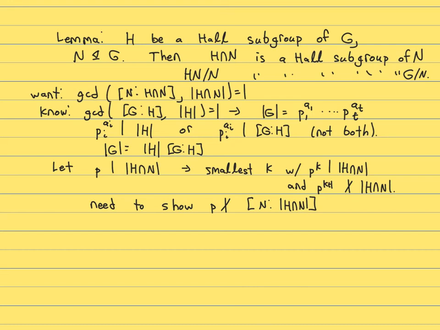All right then. So what are we actually going to do? We're going to take a Sylow p-subgroup P of H. We're going to apply the previous lemma and conclude that P intersect N is a Sylow p-subgroup of H intersect N. Although here I should be a bit more careful.